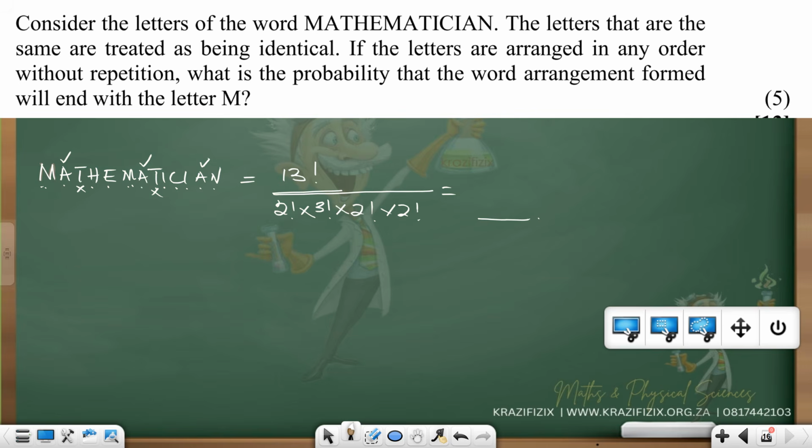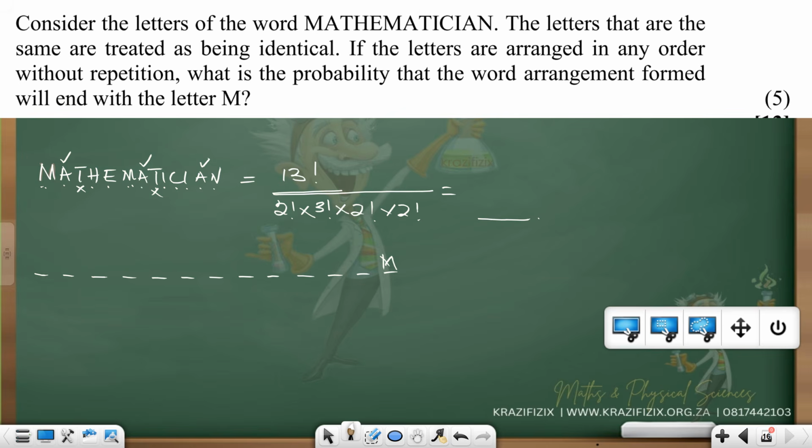But look at this question. The examiner says that they want it to end with what? M. Okay. If it has to end with M, 1, 2, 3, 4, 5, 6, 7, 8, 9, 10, 11, 12, 13. It has to end with M. How many options?